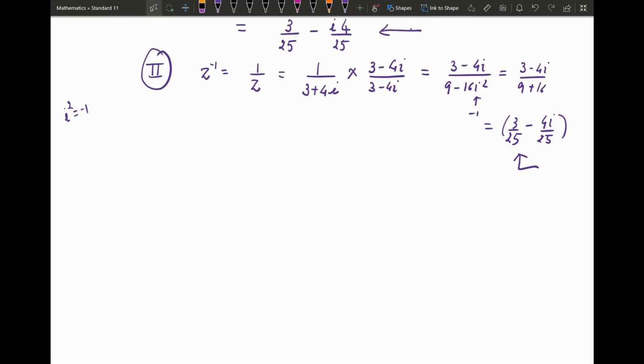Now for a complex number, the complex conjugate.